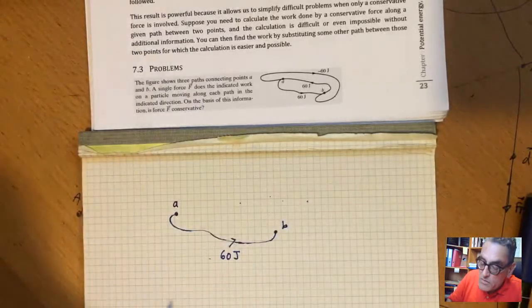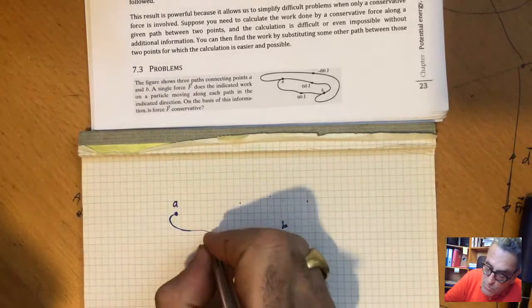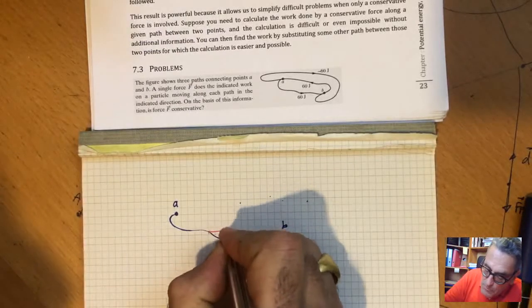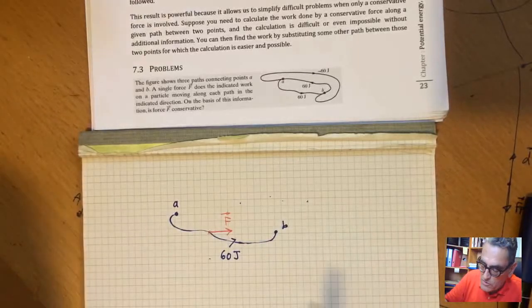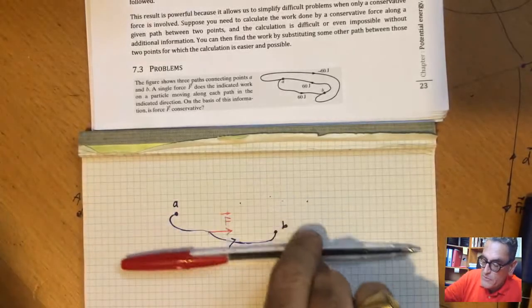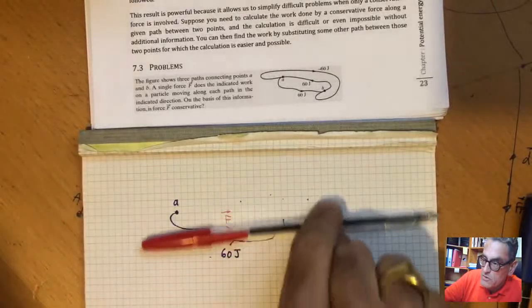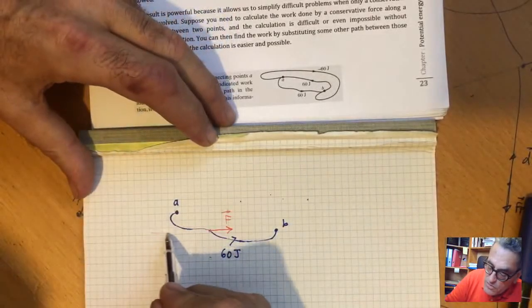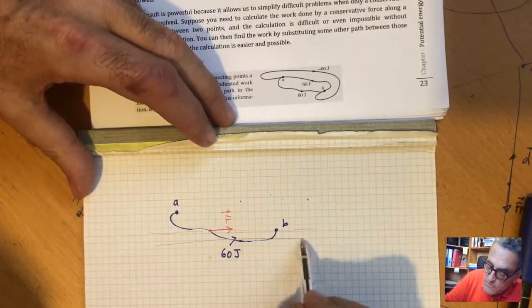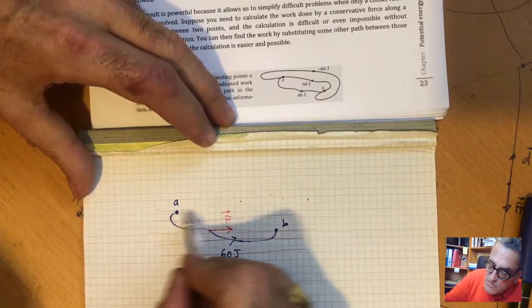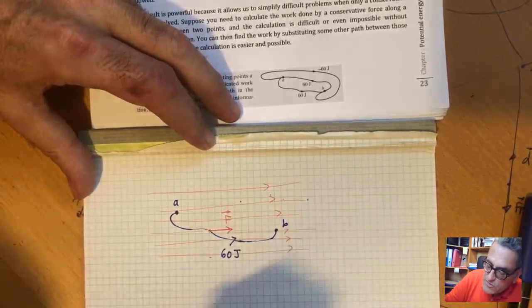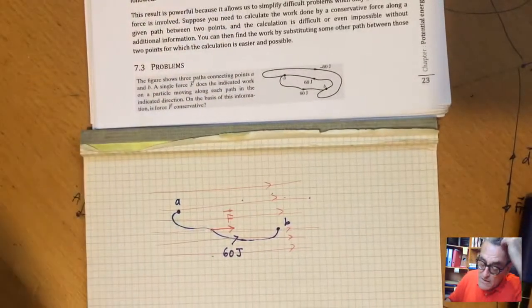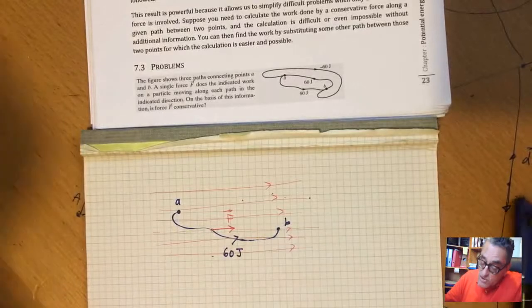In the statement they tell you that there is one single force acting. Let's suppose this force is going in this direction, for instance. It could be in any direction, but this force vector is going to be in the same direction all over the area. In other words, there is a force field with a constant direction. So here we have 60 joules.